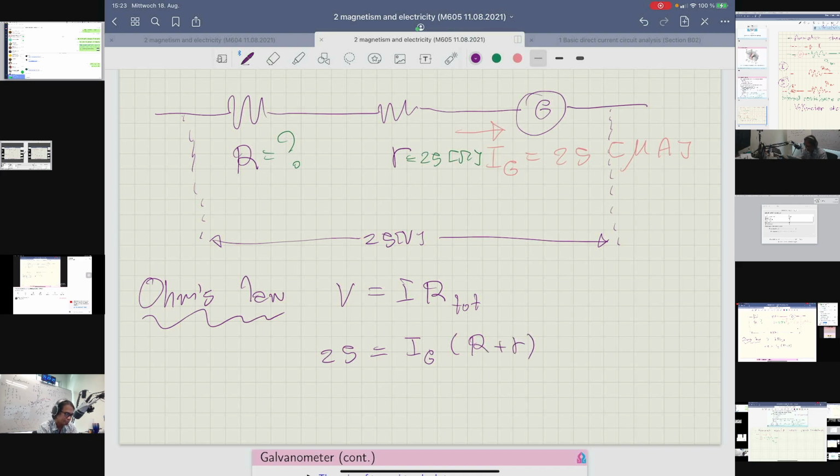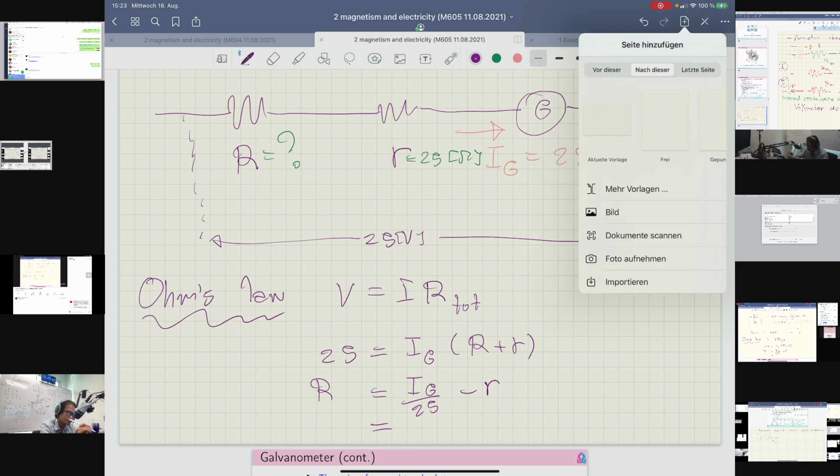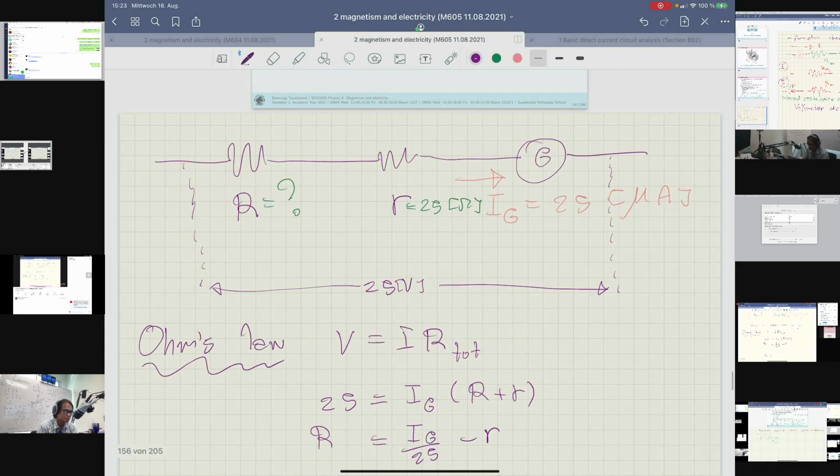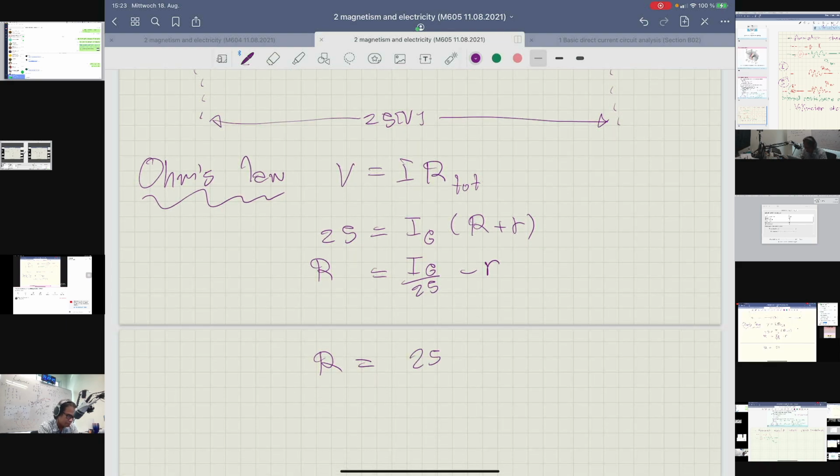Moving IG to the left hand side and small r to the left, we get R equals 25 divided by IG minus small r.